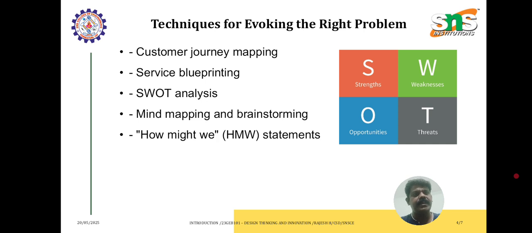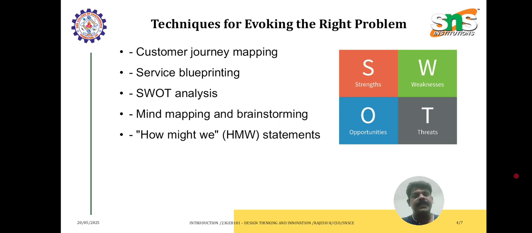Then there is SWOT analysis. We can look into that. Not only SWOT analysis, there are various techniques to identify the problem. One approach is customer journey mapping, another is service blueprinting, and SWOT analysis, as I told you, that is strength, weakness, opportunities, and threats, and mind mapping and brainstorming. And finally, HMW statements. So what are HMW statements?